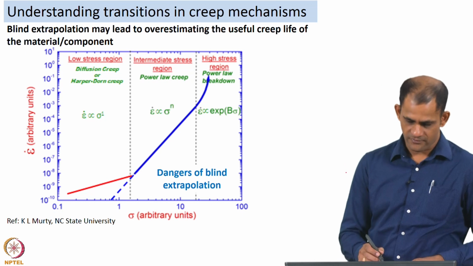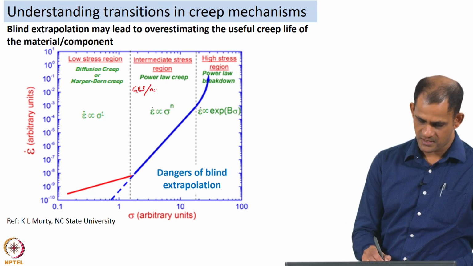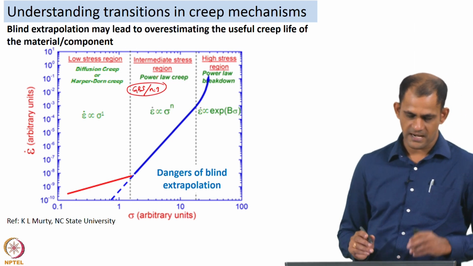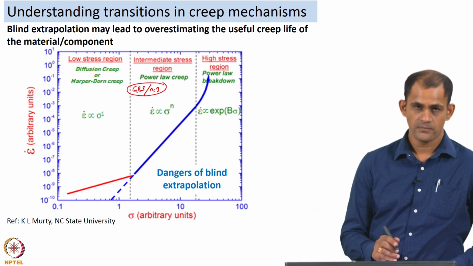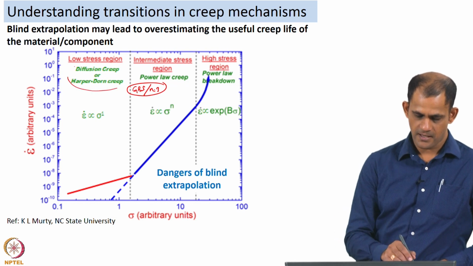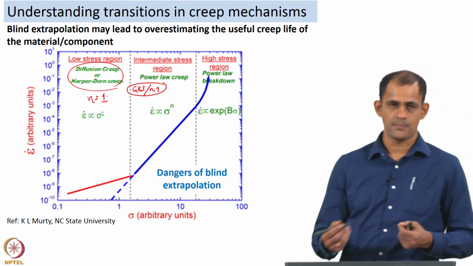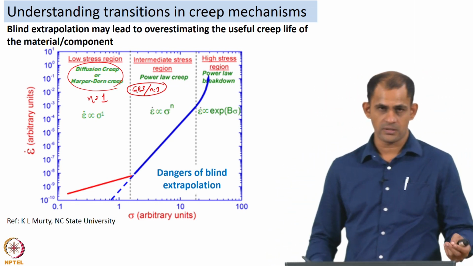Of course, I have ignored grain boundary sliding and viscous creep in this slide, but let us talk about the low stress region, intermediate stress region and high stress region. In the low stress region, that is n equal to 1, you have either diffusion creep or Harper-Dorn creep as the rate controlling mechanism.